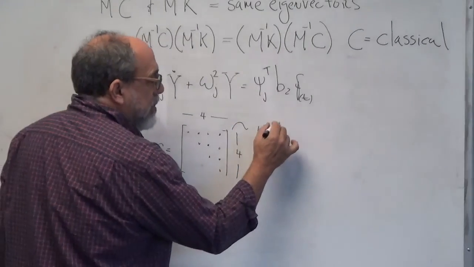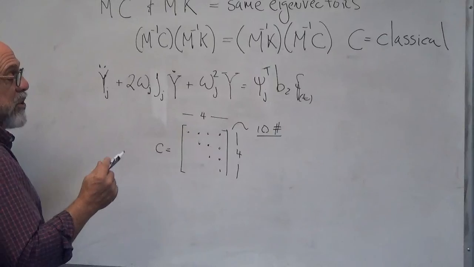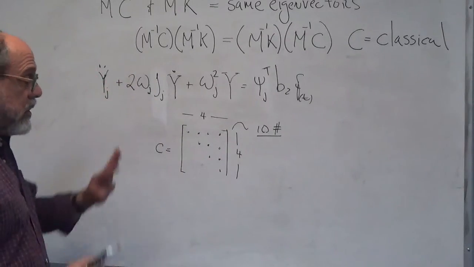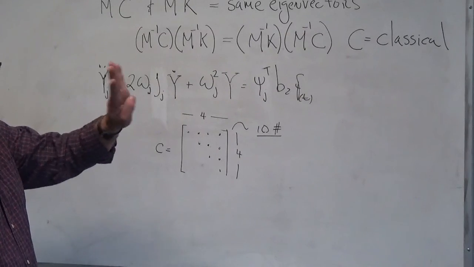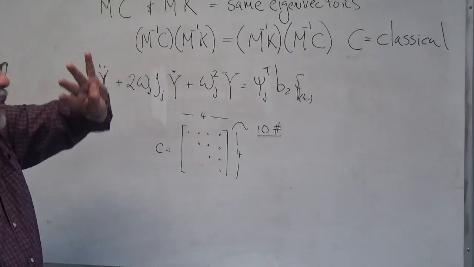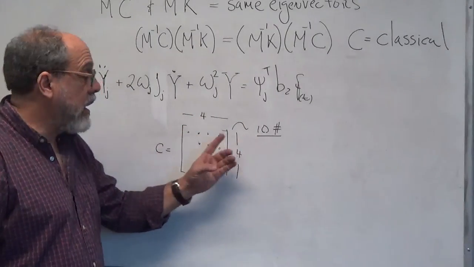So you need 10 numbers to specify the damping matrix. But to specify the damping ratios, you would only need 4, because there's only 4 modes. So the model of the damping ratios requires only 4 numbers. Specifying the damping matrix will require 10, okay?